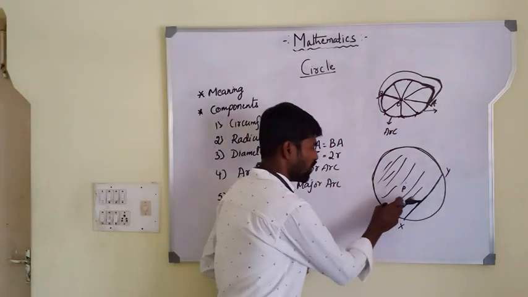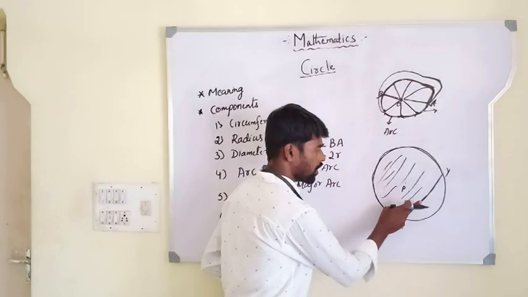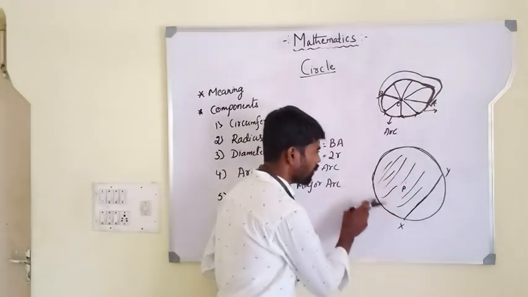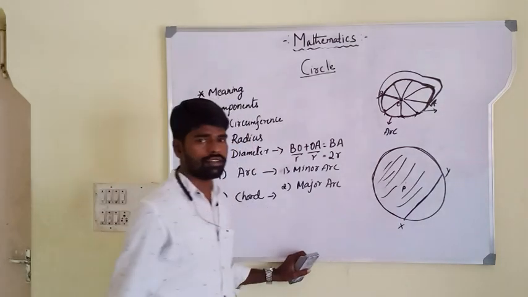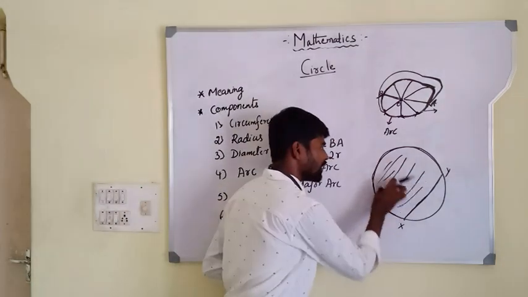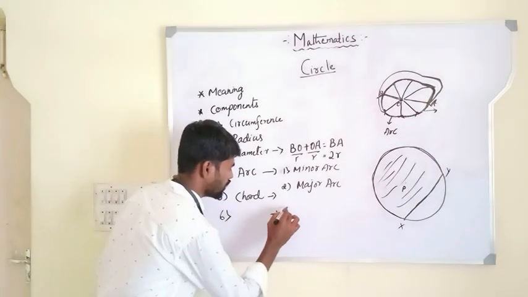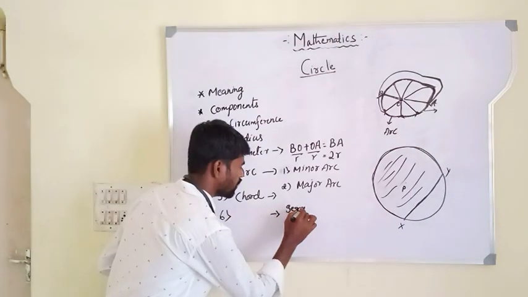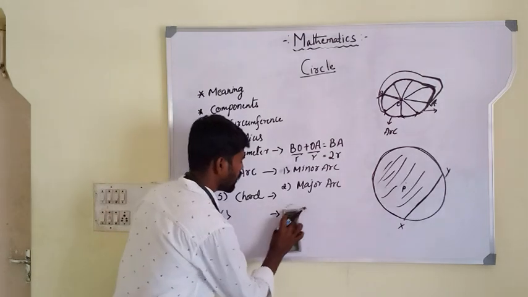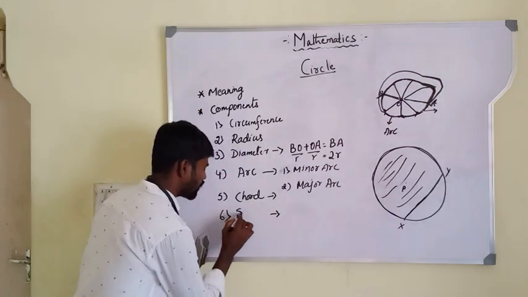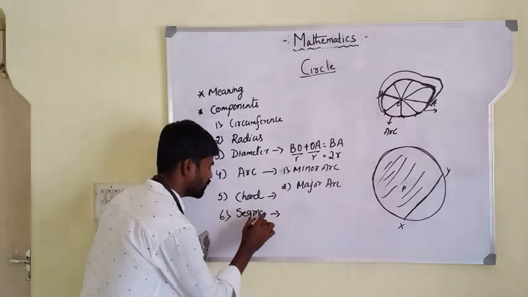So the region bounded by these 2 parts, chord and major arc, is called the major segment. Major segment comes under segment of the circle.